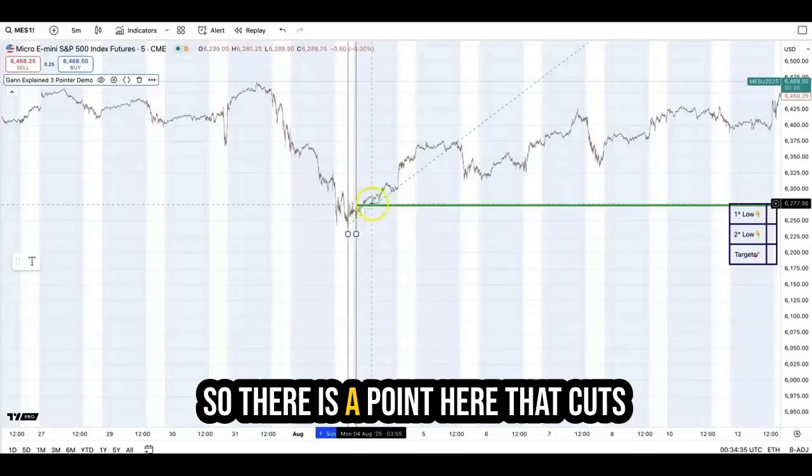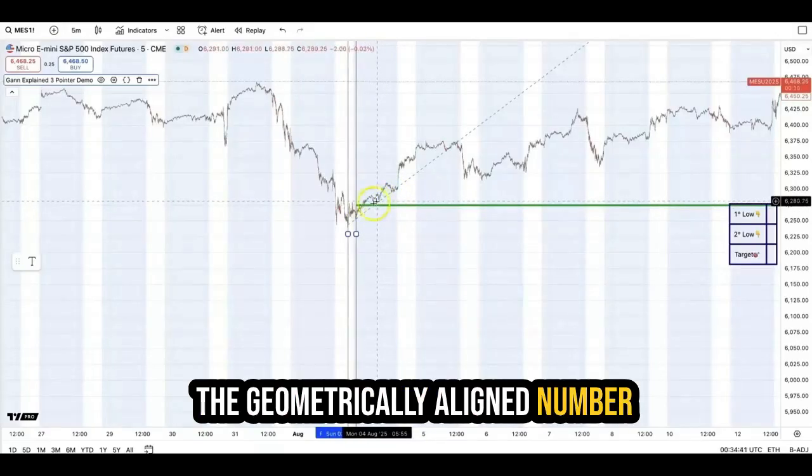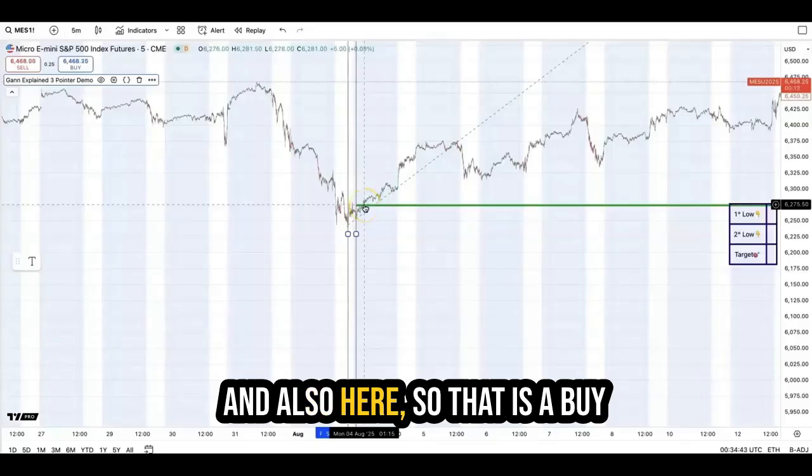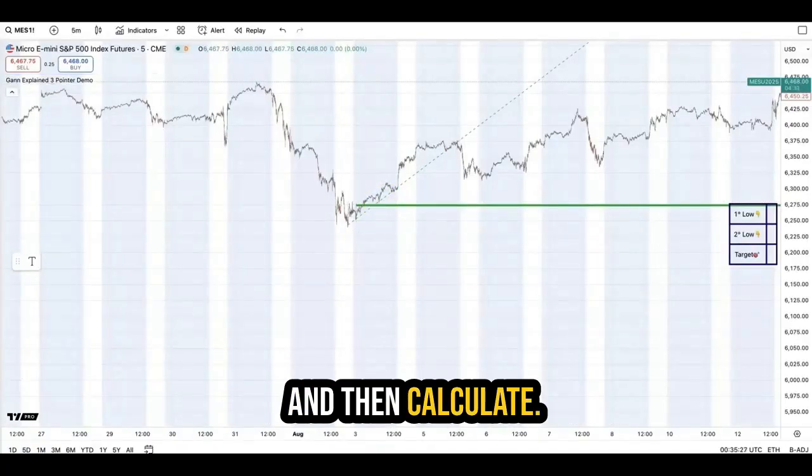So there is a point here that cuts the geometrically aligned number, and also here. So that is a buy signal. And I would look at this one and then calculate.